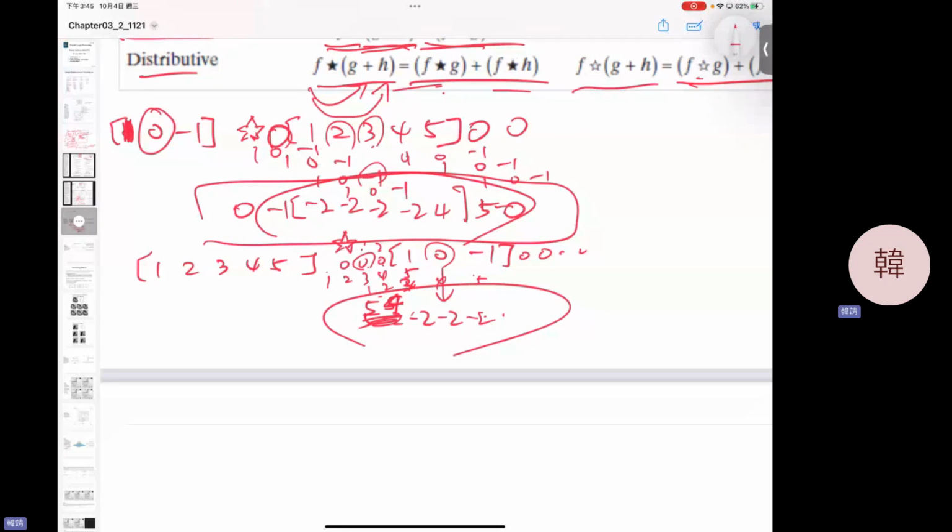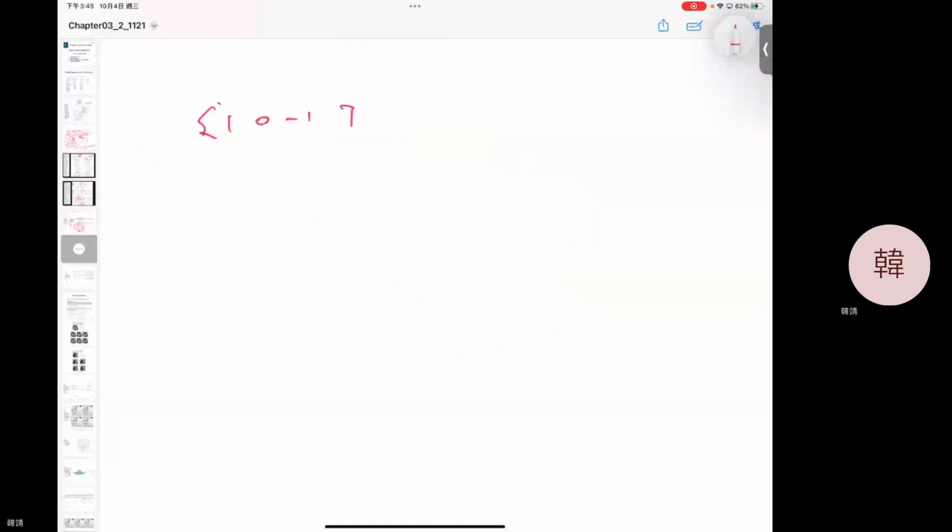Now you're going to ask me, how about convolution? Convolution satisfies commutative. Do you agree? So let's see. And this is 1, 2, 3, 4, 5. Please perform convolution for me. How do you do it? For convolution, you have to rotate one signal first, and then do the shifting operation.